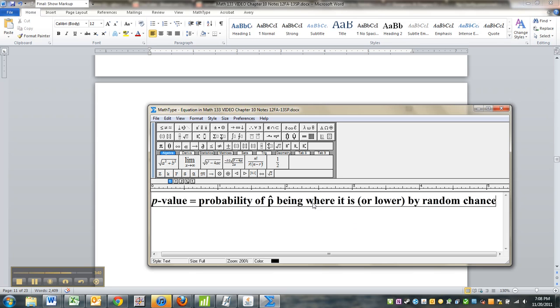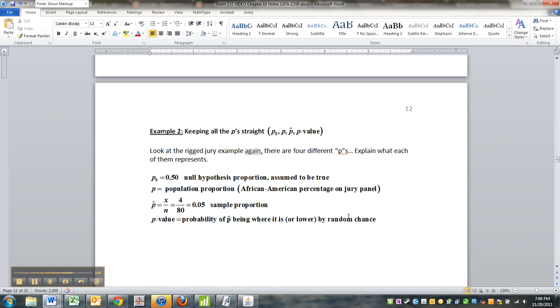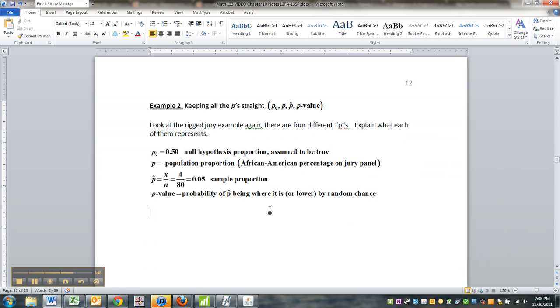And I should say where it is. Where it is for us was 0.05. Sorry. Okay, so those are 4 different p's, and you've got to keep them all straight. They mean different things. This is the null hypothesis, what you assume to be true. The county is 50%, so you assume that your proportion is 50%. This is the population proportion.